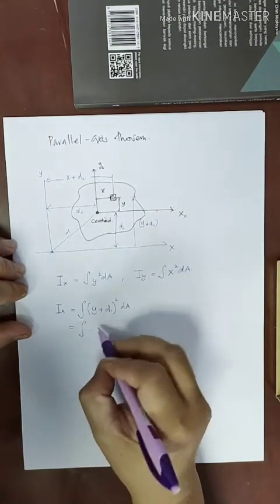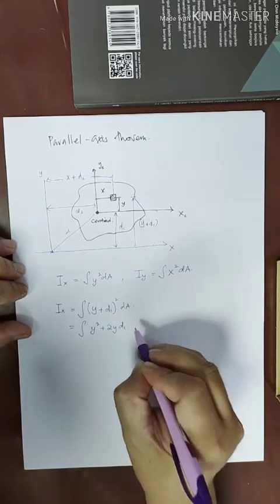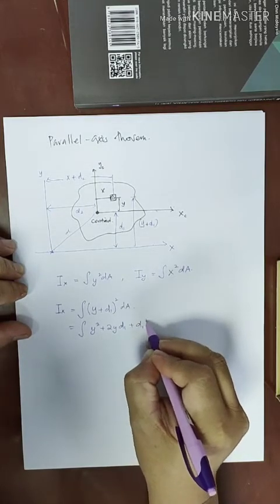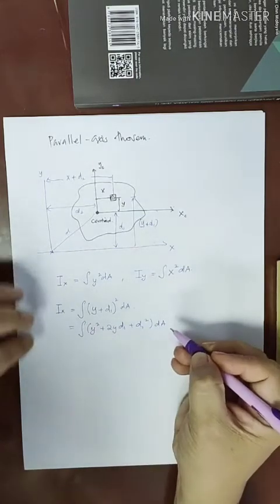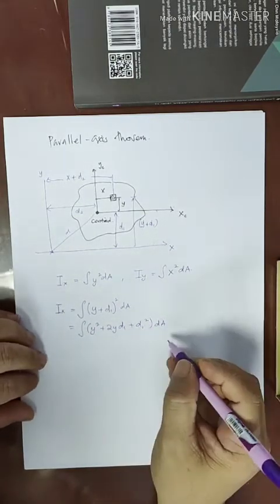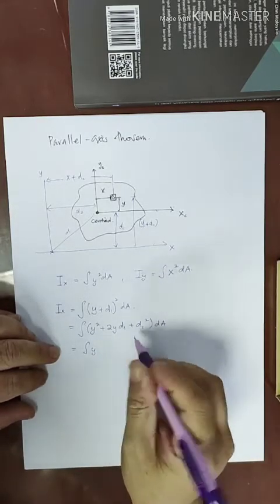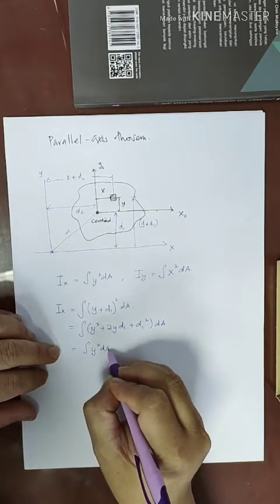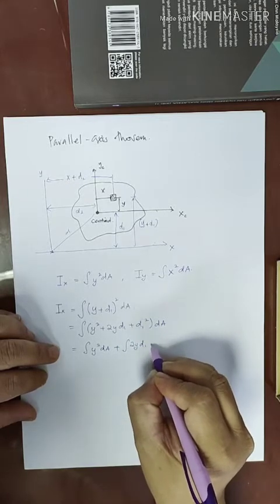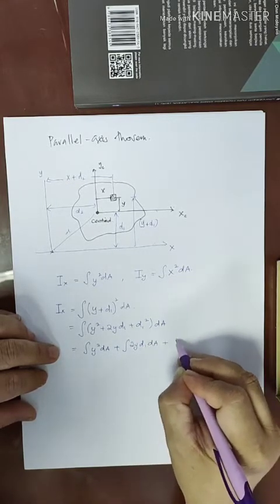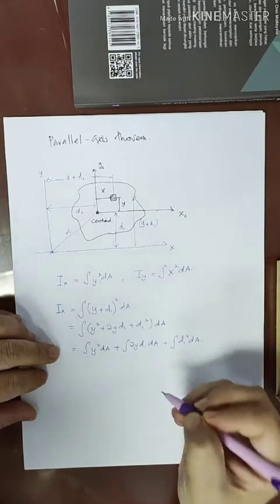So by expanding the function, we have y square plus 2y d1 plus d1 square dA. Okay, so we can separately divide that: the integration of y square dA, plus the integration of 2y d1 dA, plus the integration of d1 square dA.